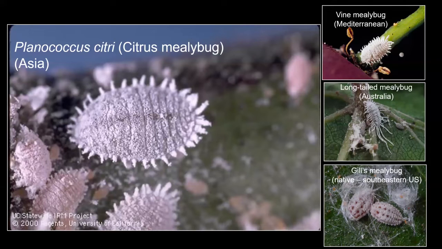Citrus mealybug, or other Planococcus species. An important vector of Leafroll in Spain, not so much in California. Maybe their citrus mealybug is a slightly different strain. And that probably is what's going on with our vine mealybug.